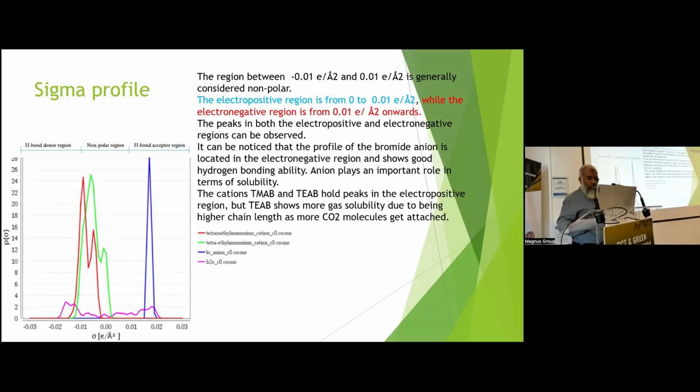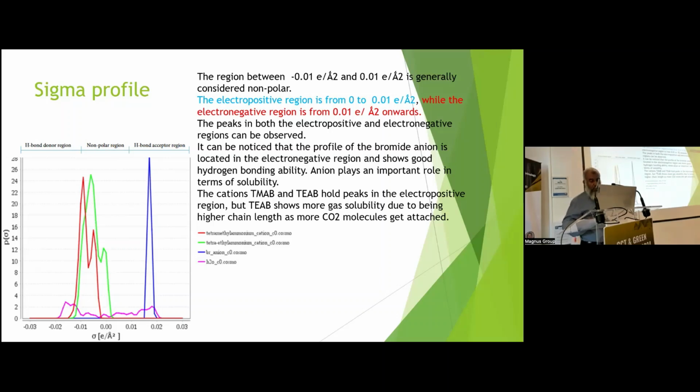The peaks in both electropositive and electronegative regions can be observed. It can be noticed from the profile that the bromide anion is located in the electronegative region, and it shows hydrogen bonding ability. The anion plays an important role in terms of solubility.